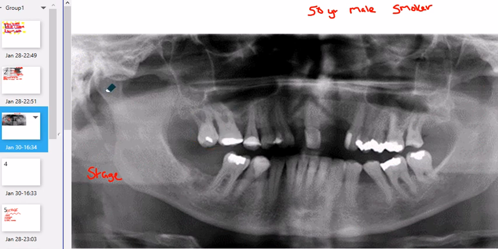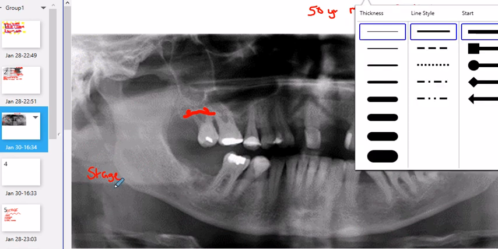Okay, so the first thing to do is we need to look at the amount of bone loss for that affected tooth. And for me, the bone level up here is around about this area here. It's right on the apex of the tooth. So for me, that would be in the apical third of bone loss. Therefore, we are at stage 4.